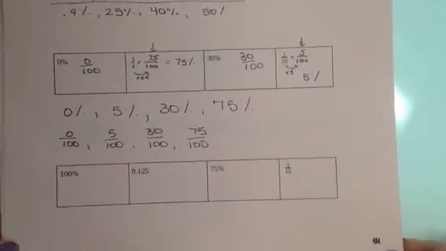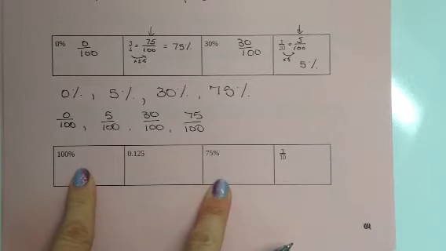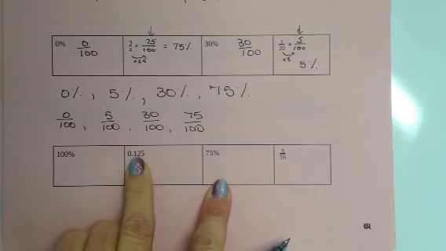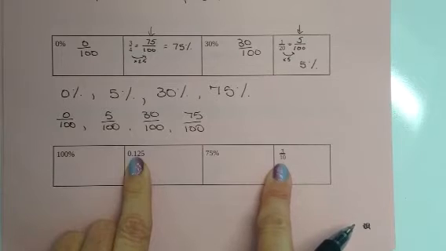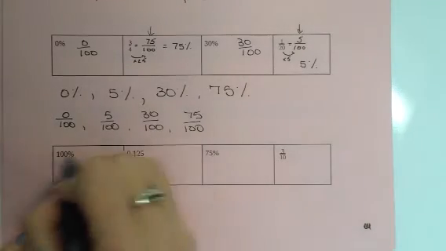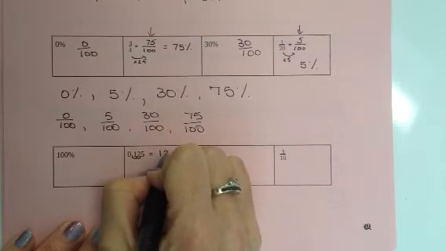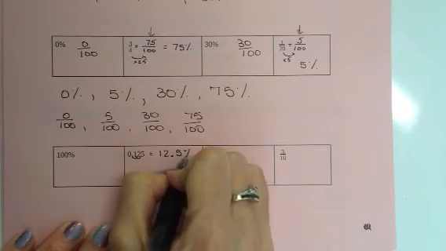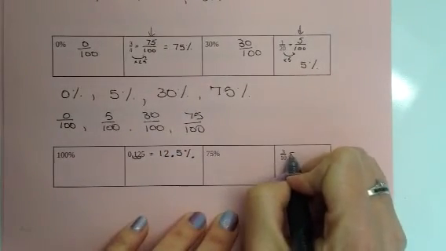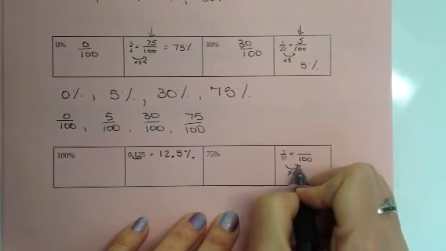All right, so we have one more. Now they sent a bunch of stuff, but we do have 2 percents. I know changing a decimal to a percent is pretty easy, and this has a 10 on the bottom. So I personally am going to change these all to percents because I think for all of us it's going to be easier. So that's done. If I move this 1, 2, this equals 12.5%. And then if I make this an equivalent fraction with 100 on the bottom, that's times 10.